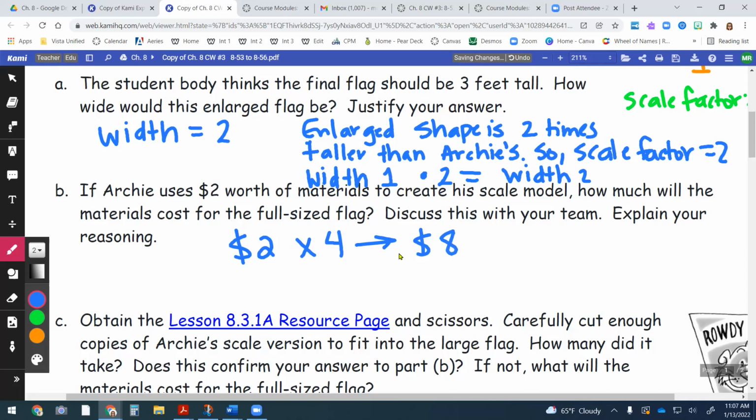Now, what I want you to realize is when we're talking about this $2, how much it costs for the material, I'm really thinking about area. So the area of the original one is not 2 times bigger when I double the sides. It's actually 4 times bigger. Okay, so when my sides are twice as big, my area is not twice as big, it's 4 times bigger.